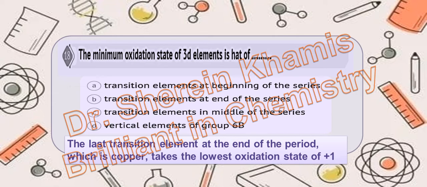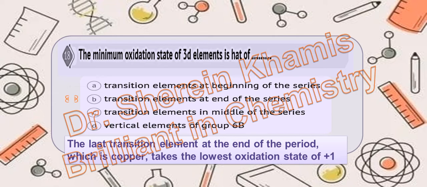When copper is more stable, it makes the oxidation state +1, but sometimes it takes +2, but +1 is the most stable and most common for copper, and as it is a metal but less active and resists corrosion, its oxidation will be +1.